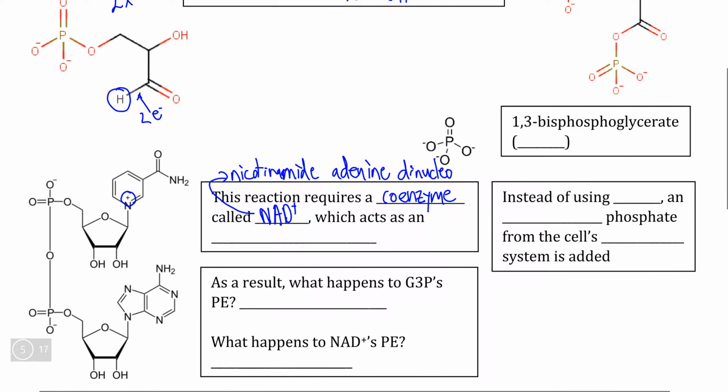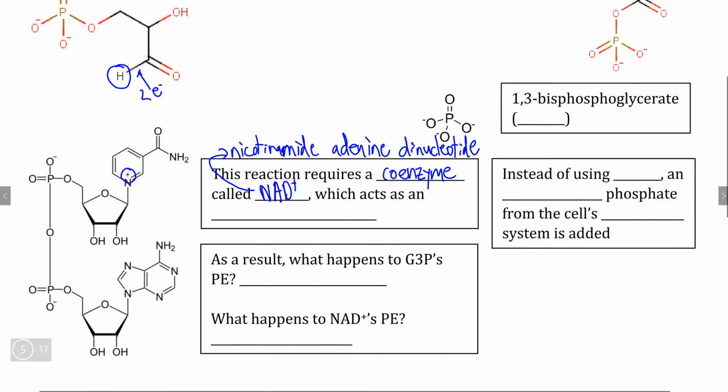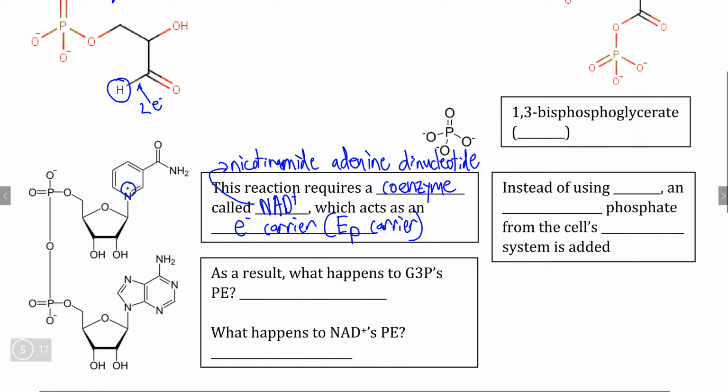So nicotinamide adenine dinucleotide, which does tell us a little bit about the structure in that it has two nucleotides here, one of which being adenine, but most importantly, it's the positive charge here that allows NAD+ to act as what we call an electron carrier, and more accurately, what we call a potential energy carrier, which will be very useful in one of the later stages of cellular respiration.